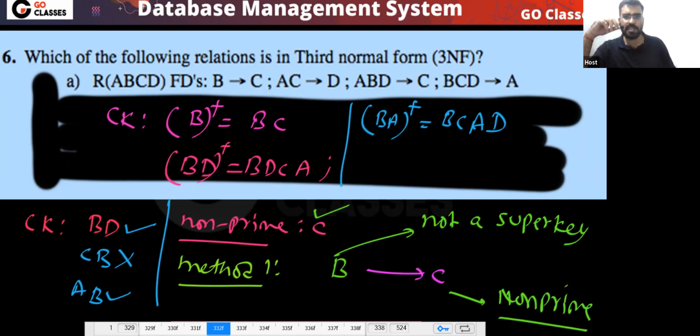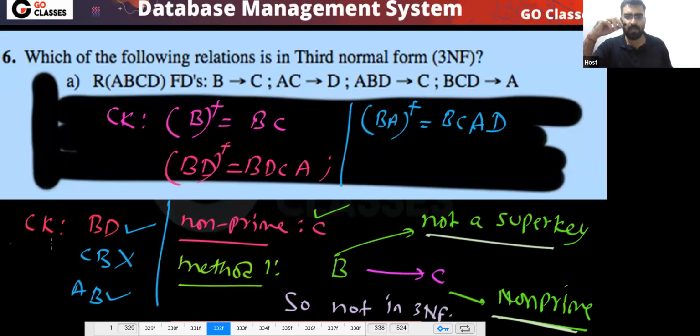Yes or no? Is this clear? Very simple. So this is the violation, so it is not in 3NF. Is this clear? Let me know.